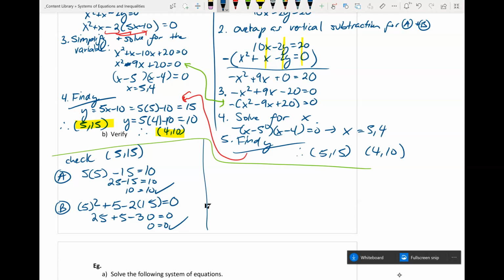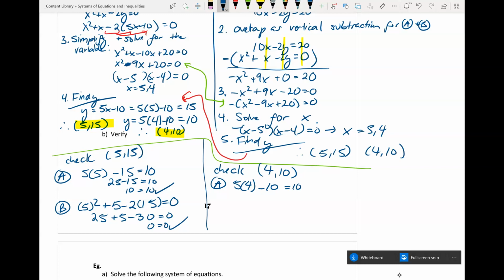Now we're going to do it for (4, 10). So for equation A, we have 5 times x, which is 4, minus y, which is 10, and this needs to be 10.